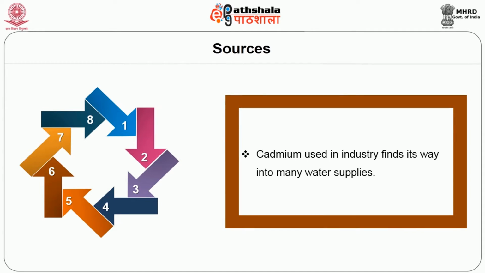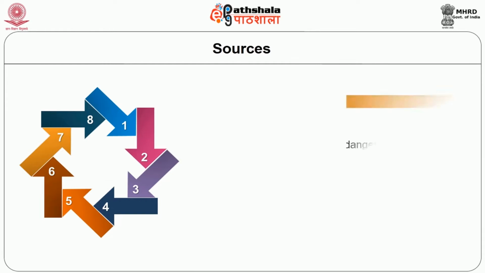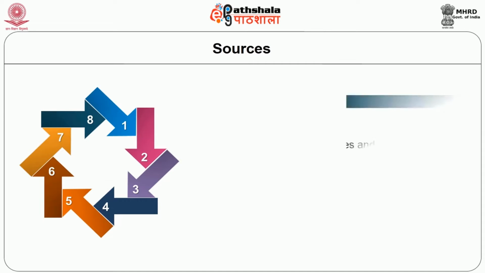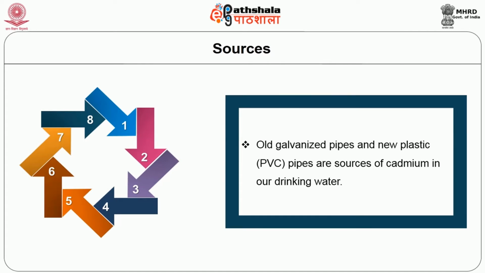Cadmium used in the food industry finds its way into water supplies. Soft water is more dangerous since the calcium in hard water has a protective effect. Old galvanized pipes and new plastic pipes, that is PVC, are sources of cadmium in our drinking water.